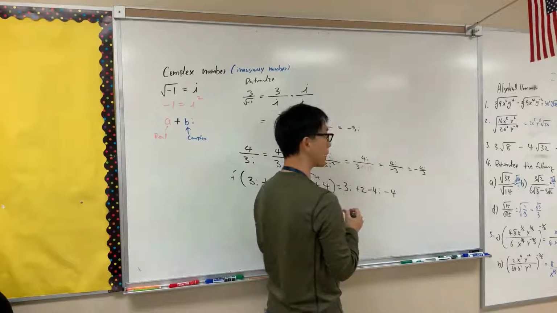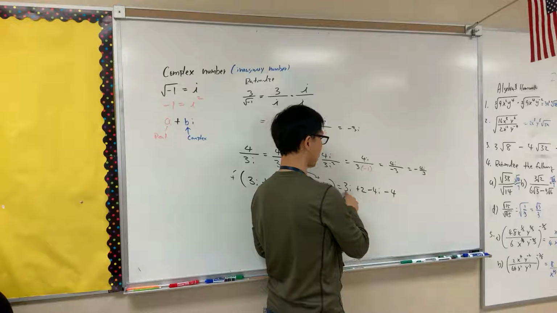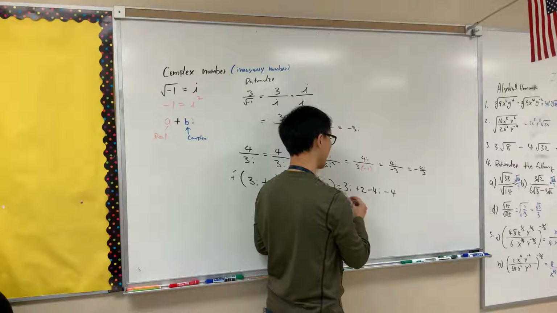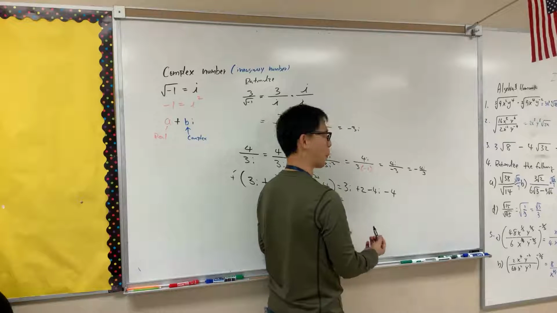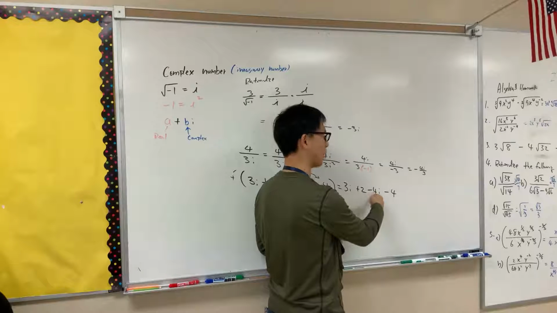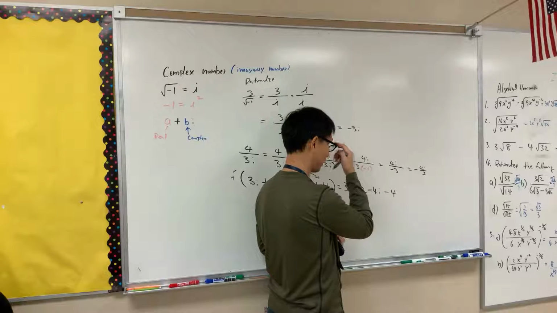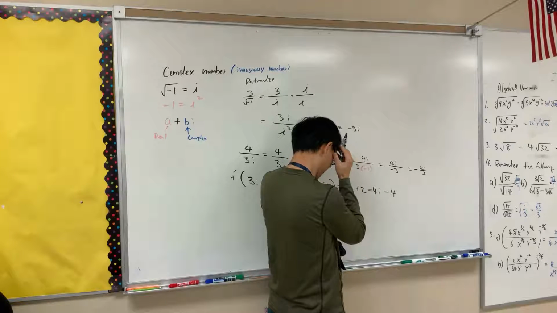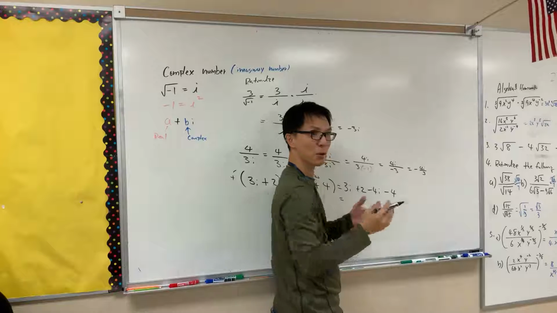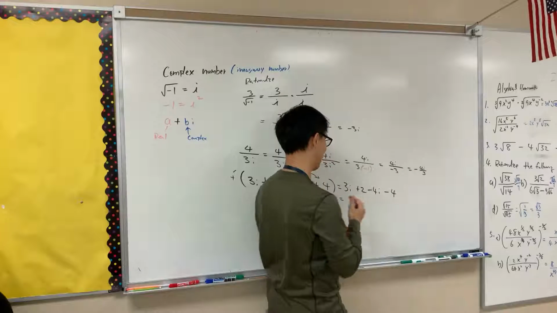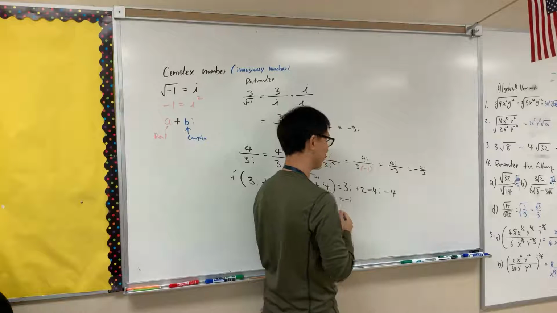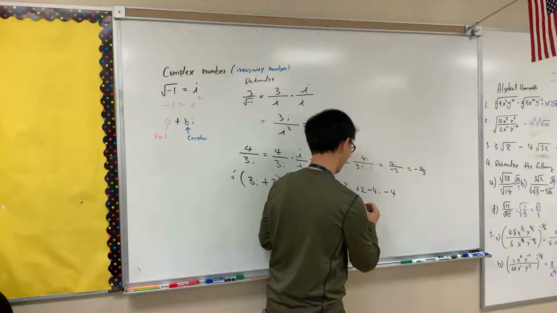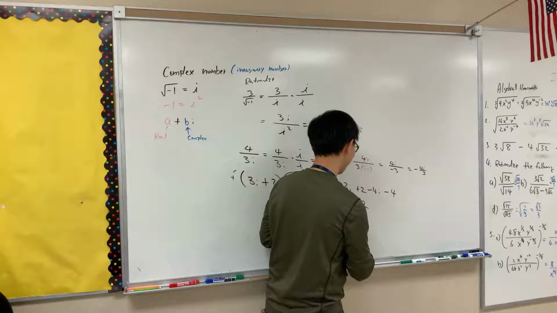Can I combine like terms? Yes. 3i and 4i is going to be what? Negative i. And then minus 2.